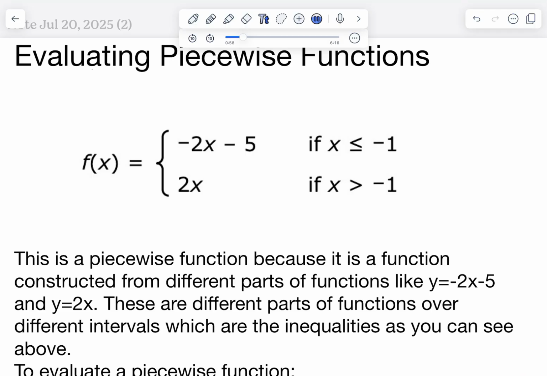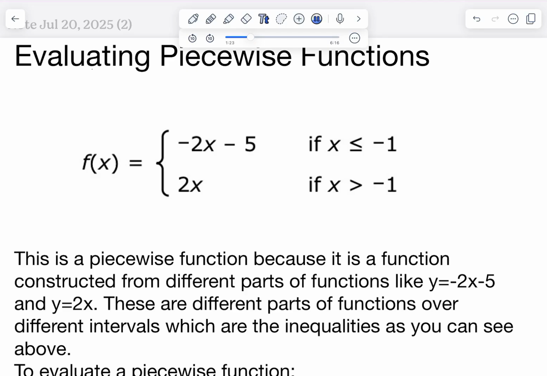Like y equals negative 2x minus 5 is a function, right? So negative 2x minus 5 is just a different part of that function, right? And 2x is also a different part of that function.